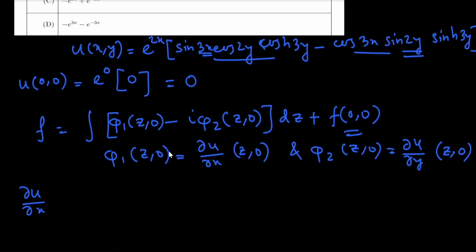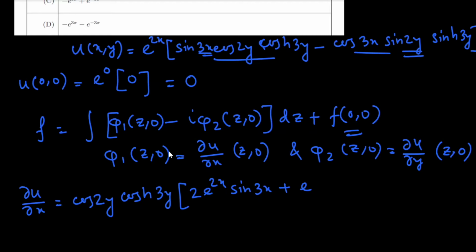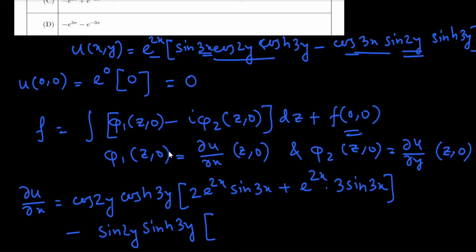So del u del x is equal to e power 2x into, first take the y term as constant, cos 2y cos hyperbolic 3y into the derivative of e power 2x into sin 3x, so 2 e to the power 2x into sin 3x plus e to the power 2x into 3 cos 3x, minus, taking the y term as constant, sin 2y and sin hyperbolic 3y into the derivative of e to the power 2x into cos 3x, so 2 e to the power 2x cos 3x minus e to the power 2x into 3 sin 3x.